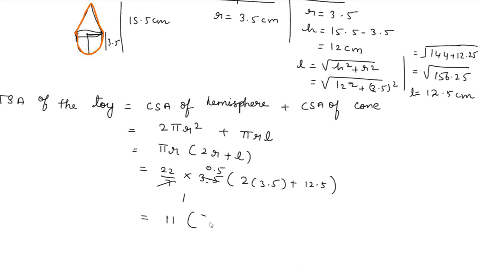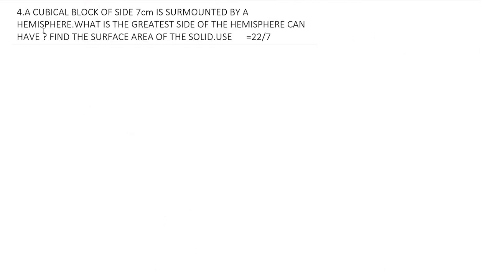That is 7.0. 7 plus 12.5. That is 19.5. Yes. So when you multiply these two things, you will get 214.5 centimeter square. Okay. So therefore TSA of the toy is 214.5 centimeter square. Do you understand this, children? Yes. I hope you could understand this. Yeah, let us go to the next one.